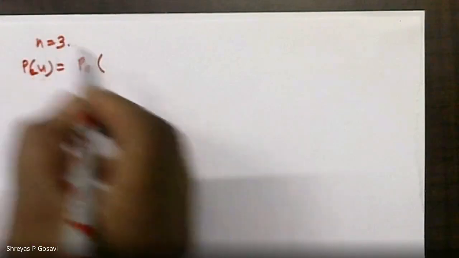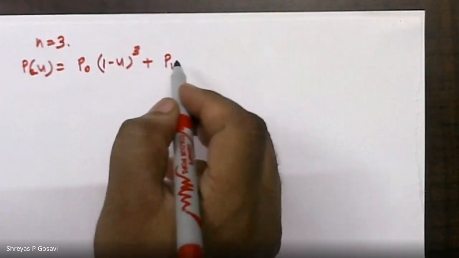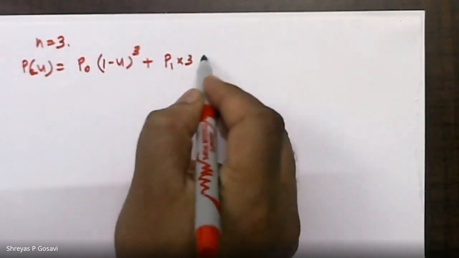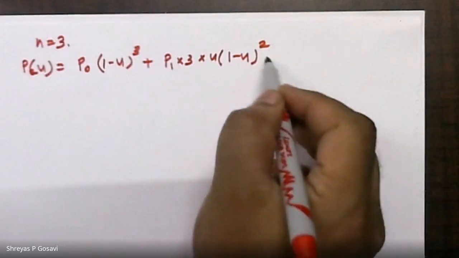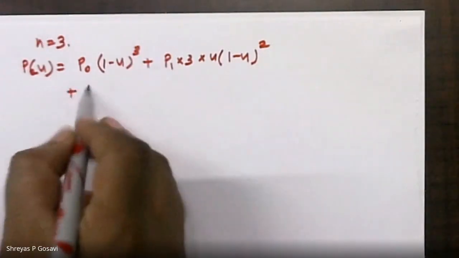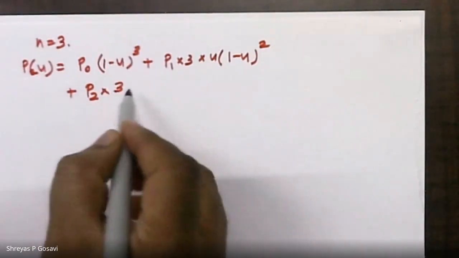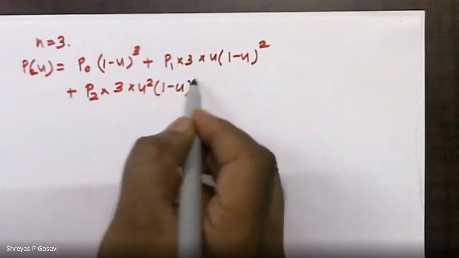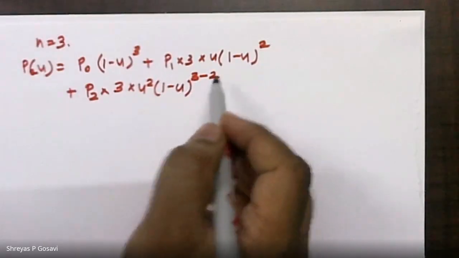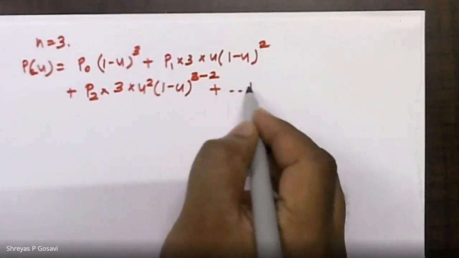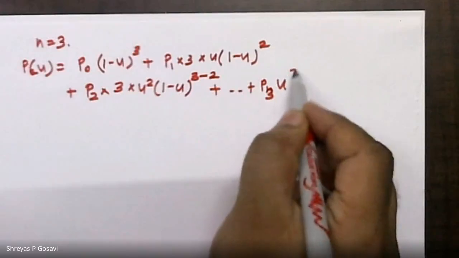Now n is equal to 3, so (1 minus u) raised to 3, plus P1 into C(n, 1), that is equal to 3, multiplied by u into (1 minus u) raised to (n minus 1), that is the square of the term, plus P2 into C(n, 2), that is also equal to 3, multiplied by u square into (1 minus u) raised to (n minus 2), that is equal to 1, and plus Pn into u raised to n, that will be P3 into u cube.